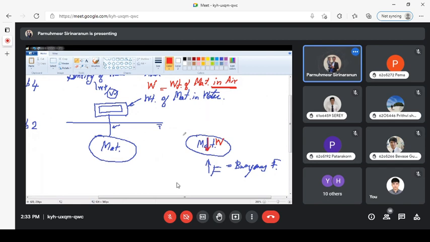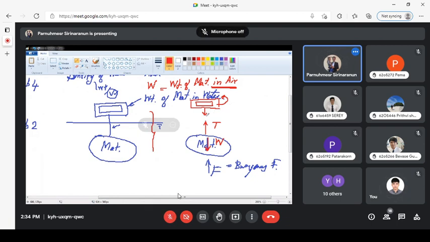And next, from this figure, yes, the tension from the cable. And the tension of the cable acts on the measuring device, yes or not? And the measuring device reports to you the weight of material in water. Clear?